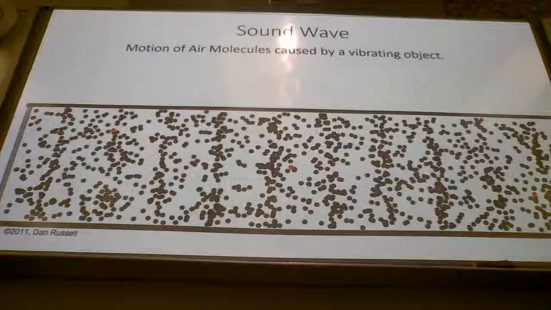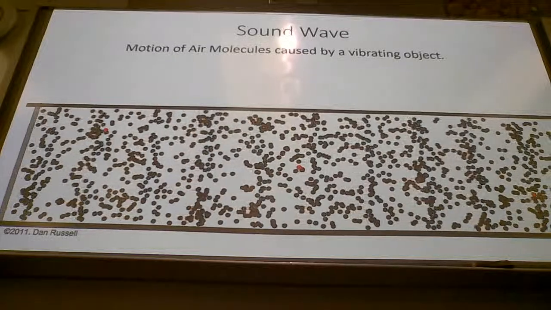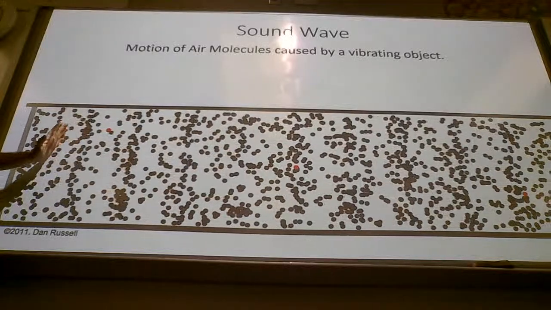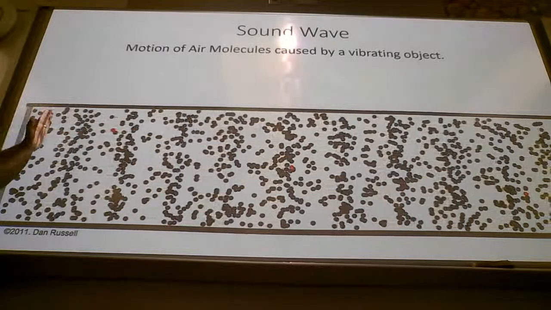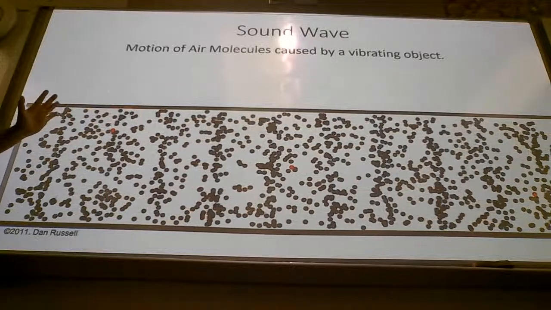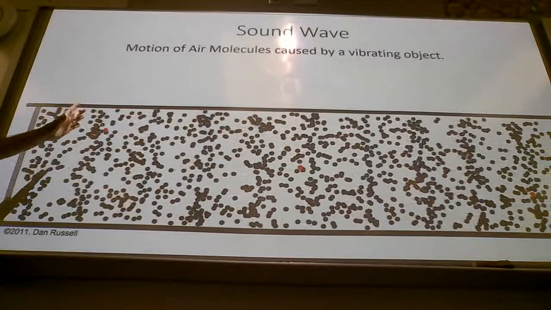Yes. Okay. Usually, what we're used to is air. So these dots represent air molecules. It's a longitudinal wave, a compression wave. So when the tuning fork's vibrating, it's pushing air molecules, and this ripple, this sound wave, goes through air at 343 meters per second.